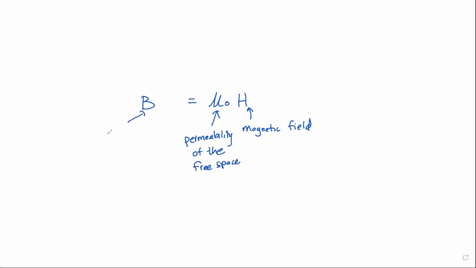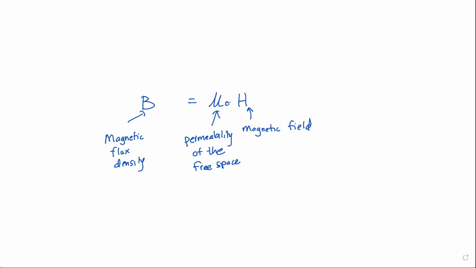This is the magnetic flux density. Right. So magnetic flux density can be defined as mu naught into H. So mu naught is the permeability of free space.